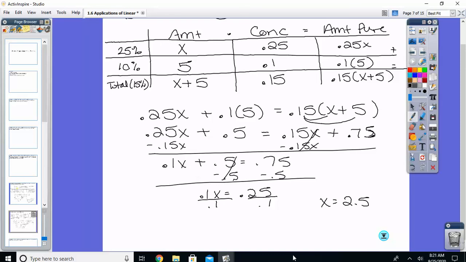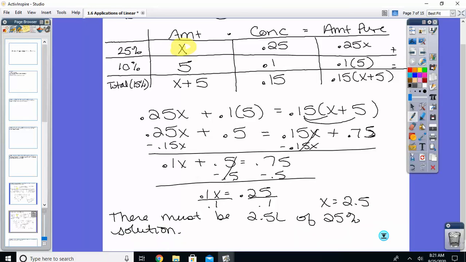So the question was, how much of the 25%? Looking back, that is exactly what x represented. Questions so far?